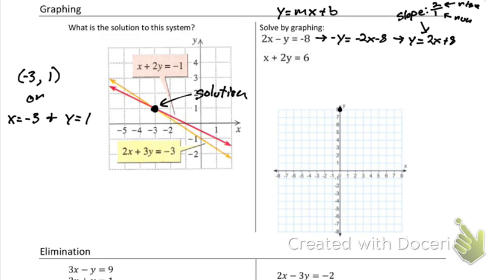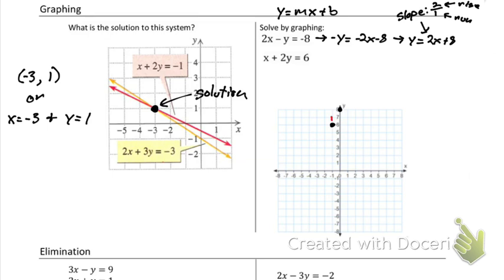Well, here's a slight problem. It says it's supposed to go 2 over 1. Well, 2 over 1 would be going up 2 over 1, but that isn't on my graph. So rather than going up to the right 1, I am going to go down to the left 1, just like that.